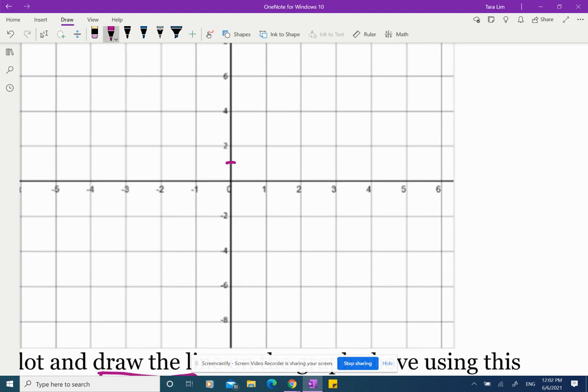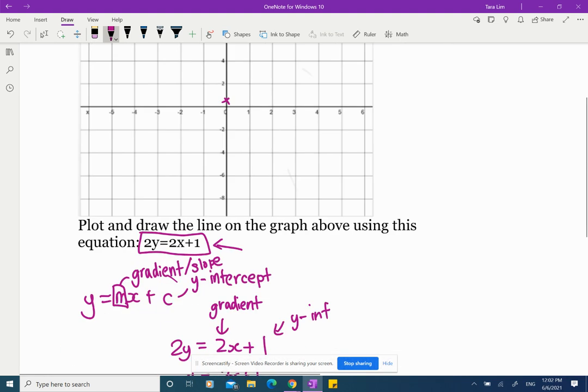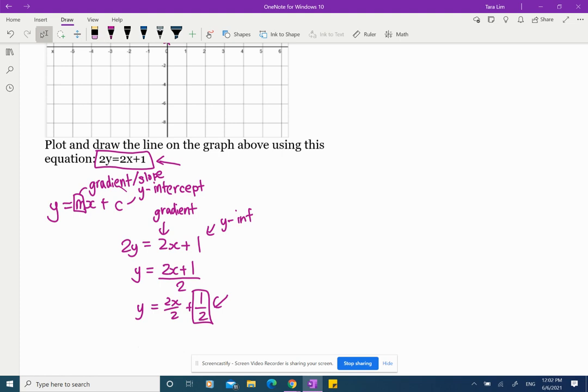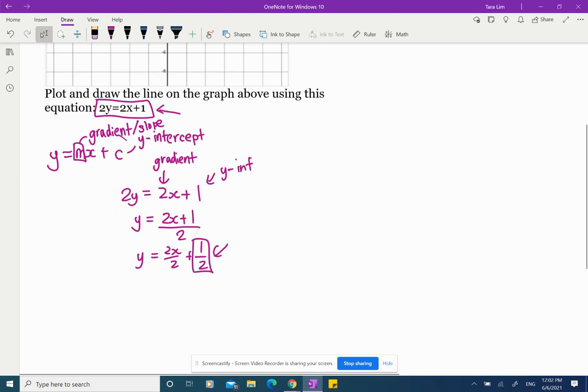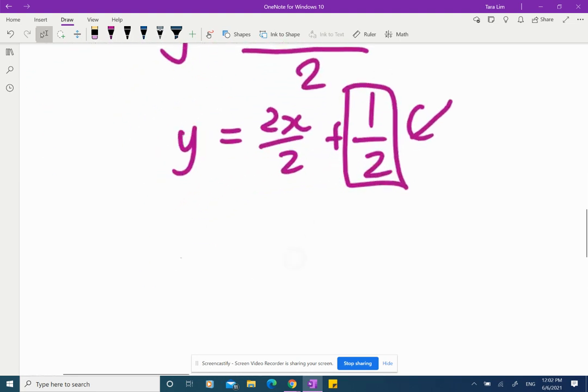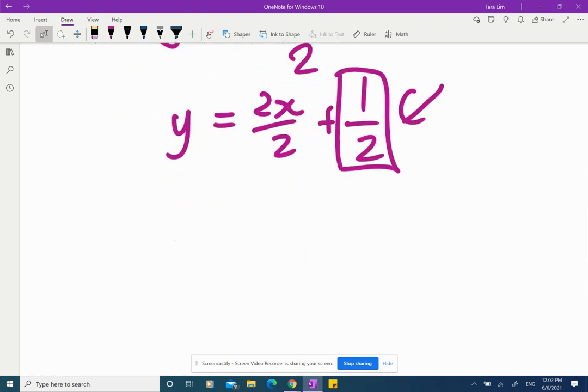We know that in the middle it's 1, so half of this, approximately here. Yeah, like that. So that's the y-intercept.